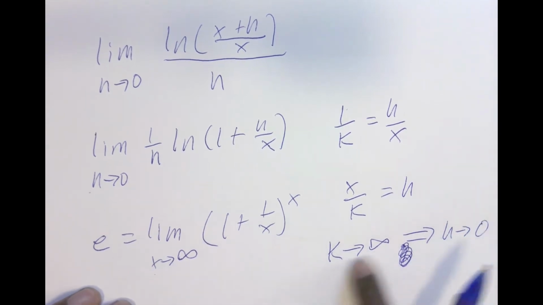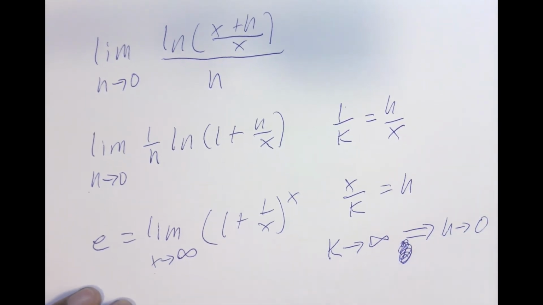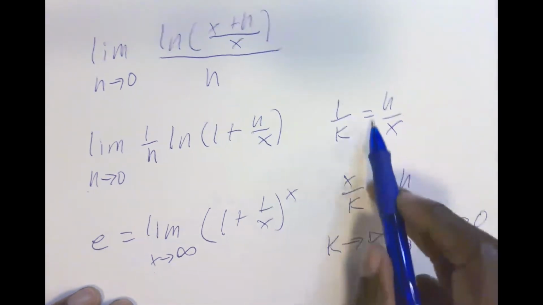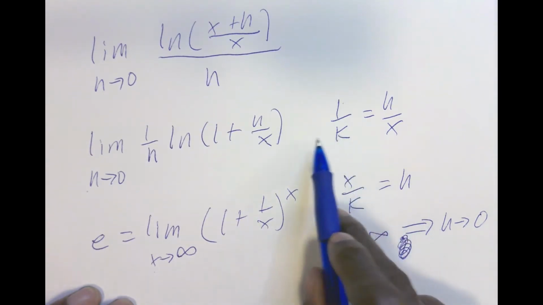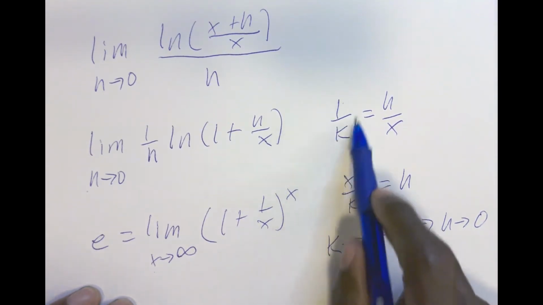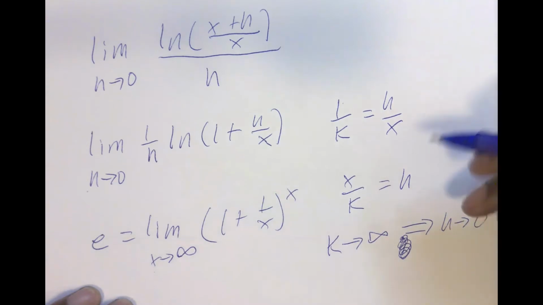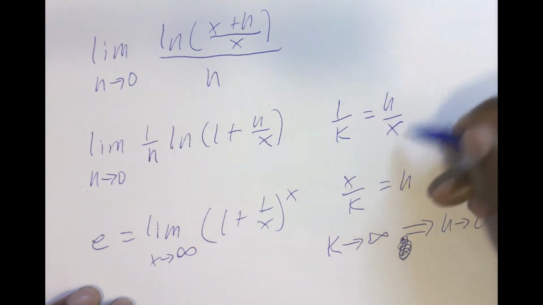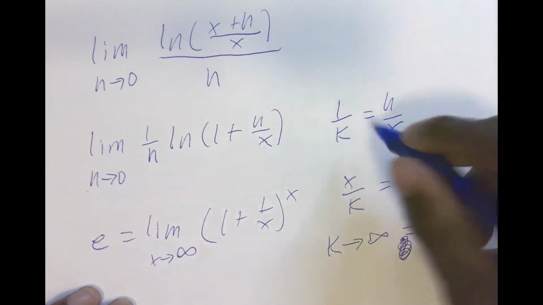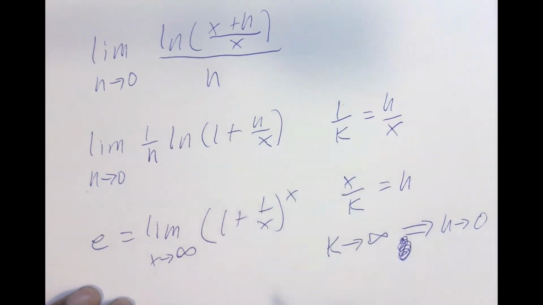Even from this expression, as k goes to infinity, this whole expression becomes 0. And that applies if these are equal, then for this to be 0, that means the numerator is 0. So even from here, you can see that k going to infinity implies that h goes to 0.